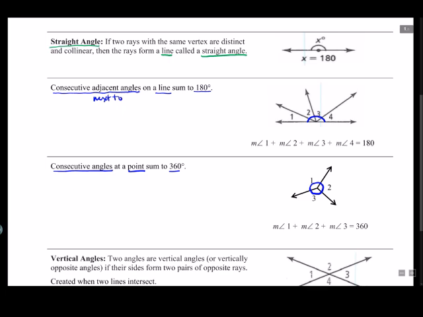So don't forget that these are going to be using the angle addition postulate and our linear pair postulate. And we will see that later on. Remember, linear pair makes the two angles like that.